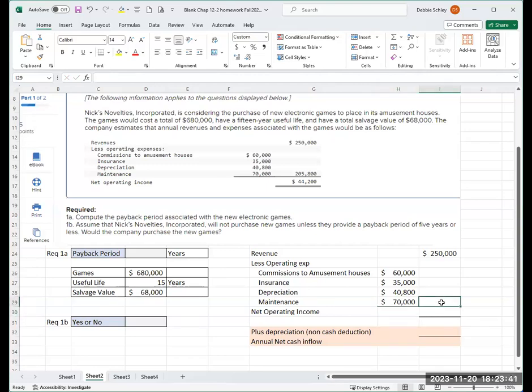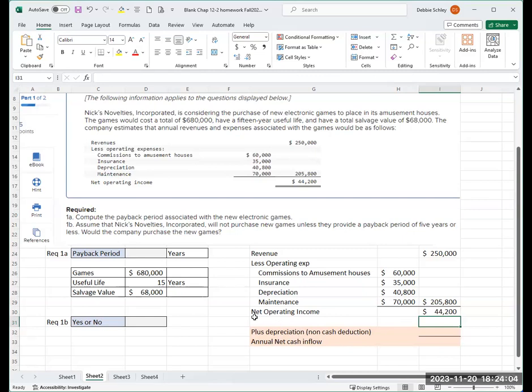And they must have added up those expenses. Let's see if I come up with the same number they have. Yep, so 205,800, and then net operating income, that by definition is the revenue minus the expenses, for 44,200.